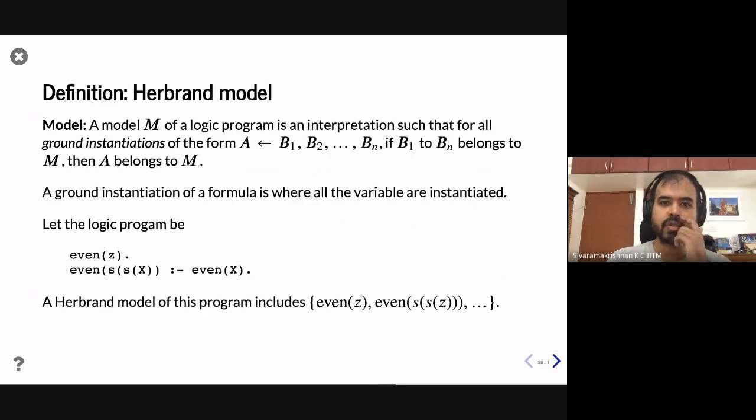And finally, we come to the definition of a Herbrand model. What we are slowly moving towards is finding out the meaning of a program that you describe in Prolog.